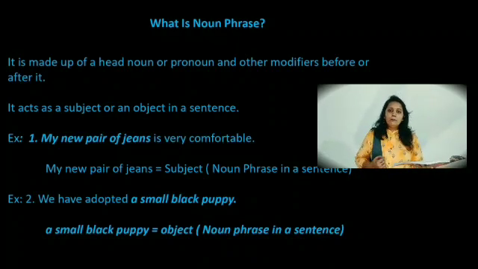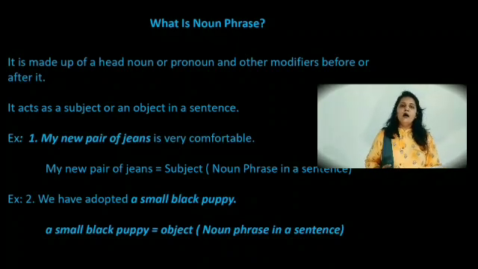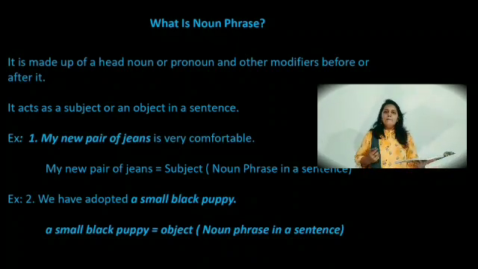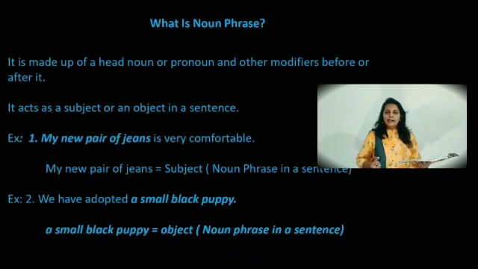My new pair of jeans is very comfortable. Now here we have a group of words: my new pair of jeans is very comfortable. This is a meaningful sentence, and all of you know which is the finite verb in the sentence? Is is the finite verb. And the previous part of the sentence is my new pair of jeans.